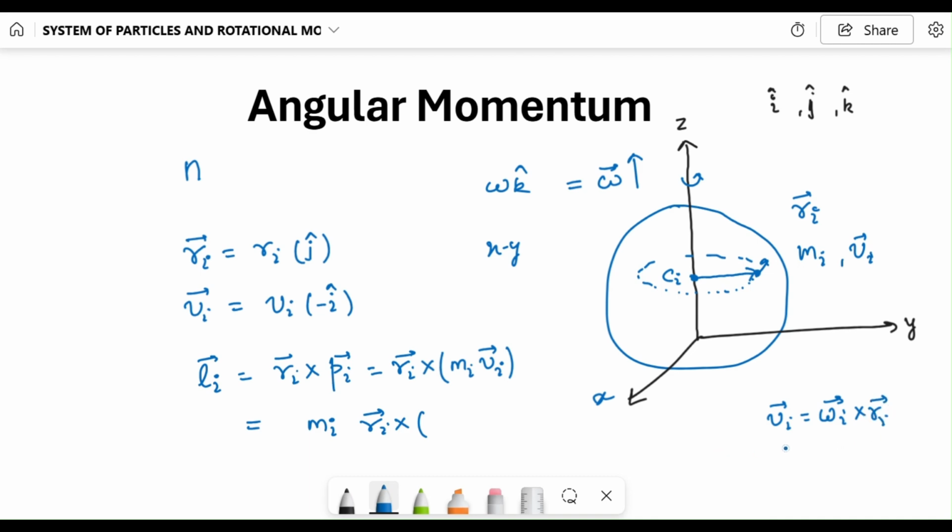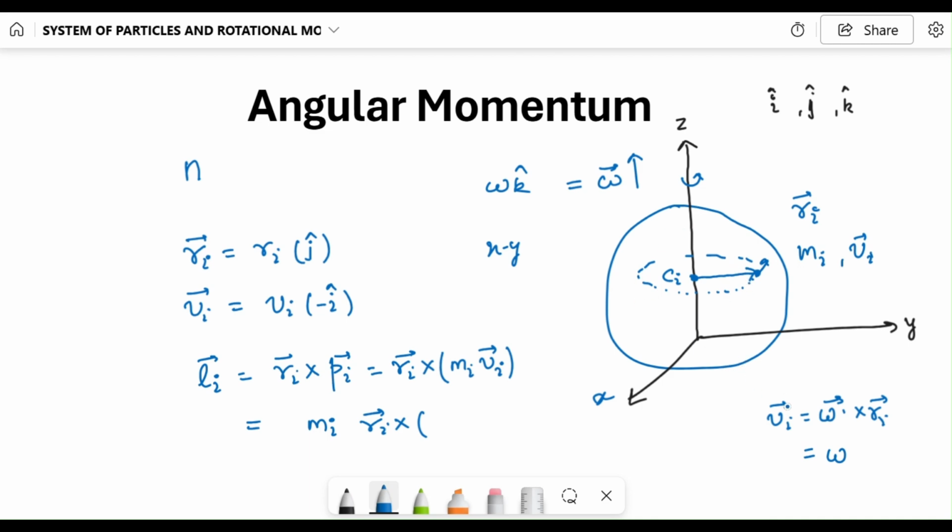Each and every particle has the same omega, so there is no need to write i specifically. If it is a rigid body, each and every particle will complete one revolution about this axis in the same time.